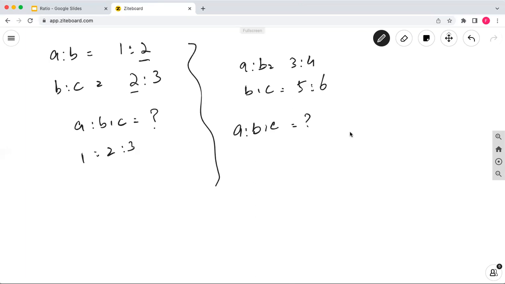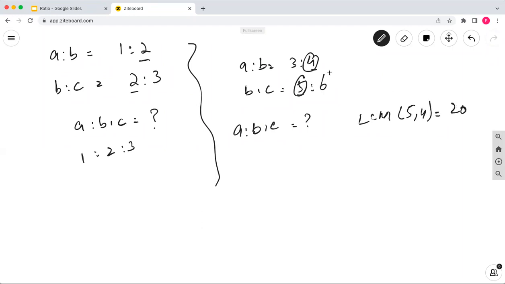See what is common in both, that is B. In case I can come up with the same value for B in both, then I can combine these. So the best way is to take the LCM of whatever the values of B are in both. What is the LCM of 4 and 5? 20.